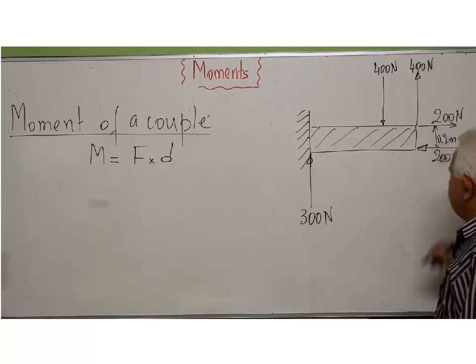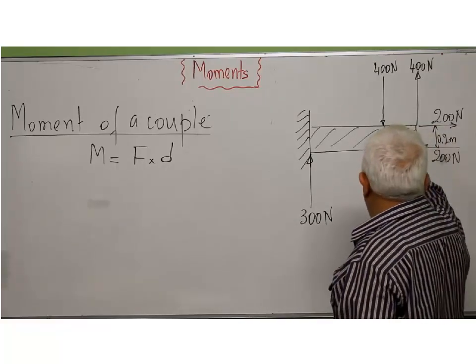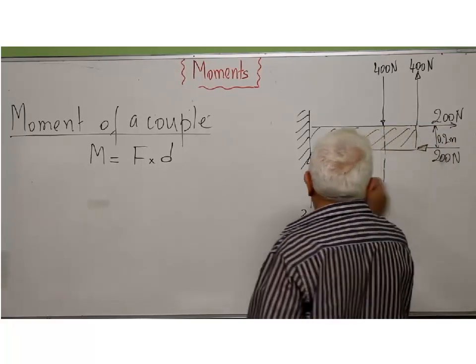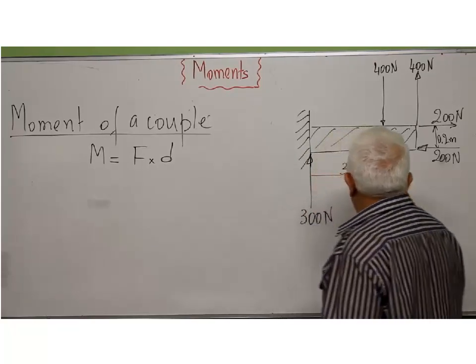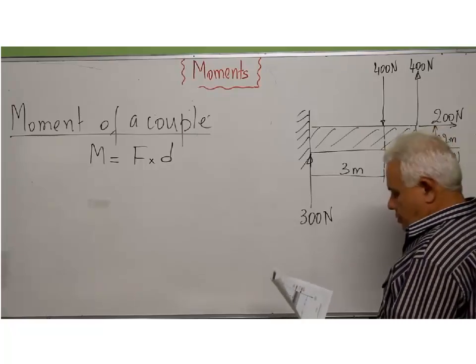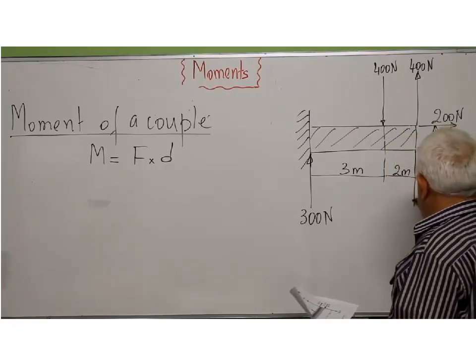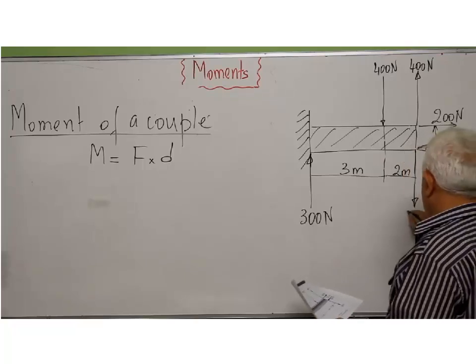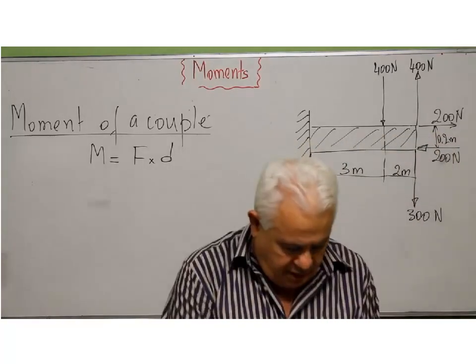0.2 meter. Here we are at a distance 3 meters, for example, and from here to here we have 2 meters and the force of 300 newtons is applied. I'll just put them in red.